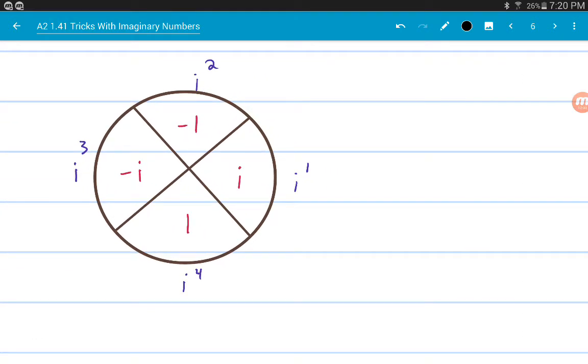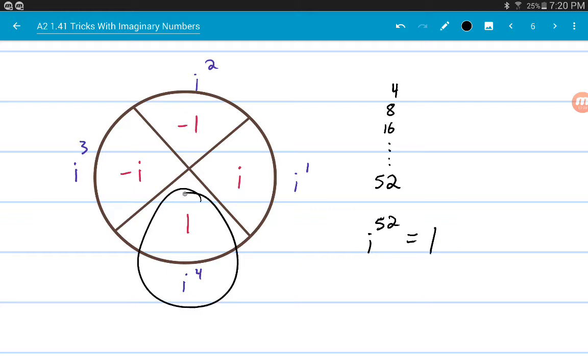So let's think. Multiples of 4: 4, 8, 16, 52. That's a multiple of 4, because that's 4 times 13. So 52 is a multiple of 4. So that means that i to the 52nd is equal to 1.